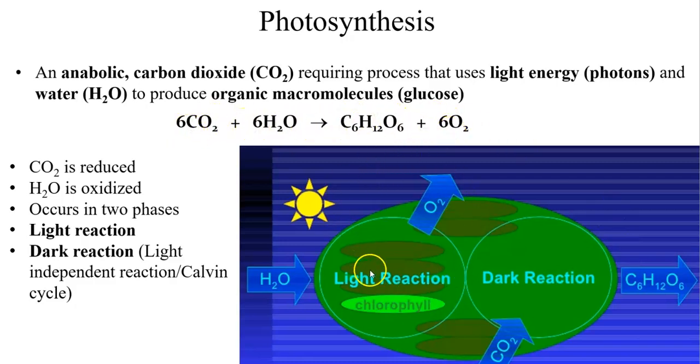The overall reaction comprises light reaction and dark reaction. In the light reaction part, water is oxidized to oxygen, and in the second part, that is dark reaction, carbon dioxide is reduced to carbohydrates. So this gives the overall reaction in photosynthesis.